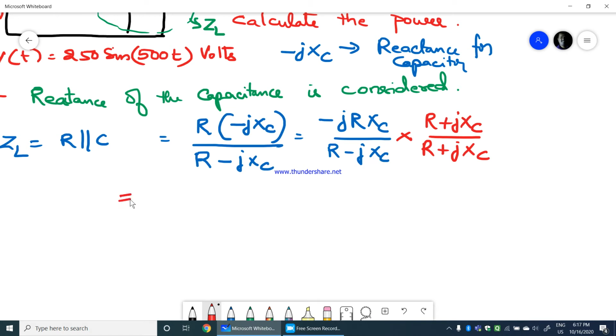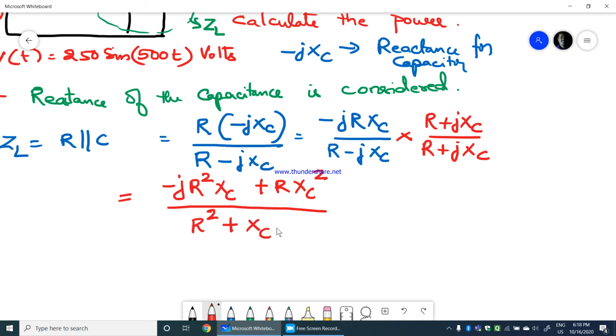So what do I get? Minus J R square into XC. J square is minus, so minus into minus becomes plus R into XC square, divided by A minus B into A plus B, which is A square minus B square, whereas J square is minus, so it becomes plus XC square.